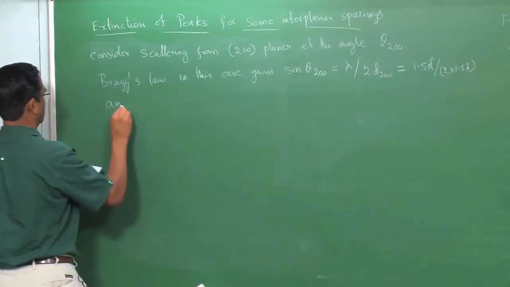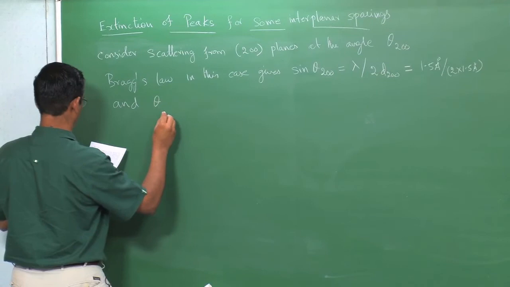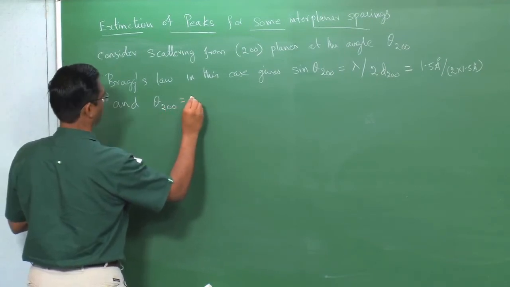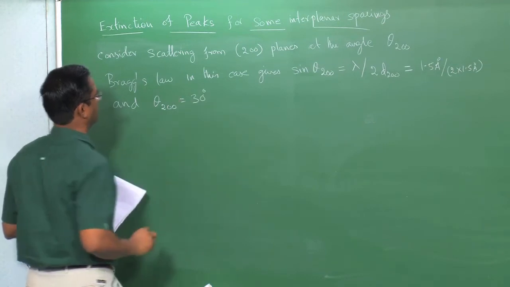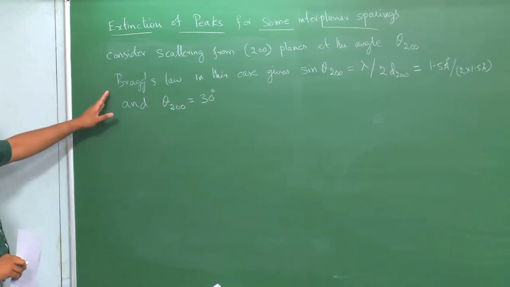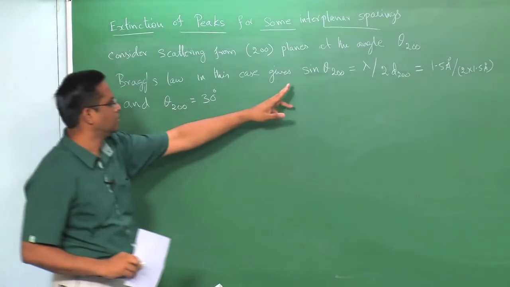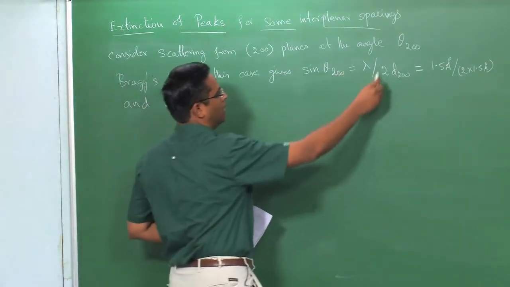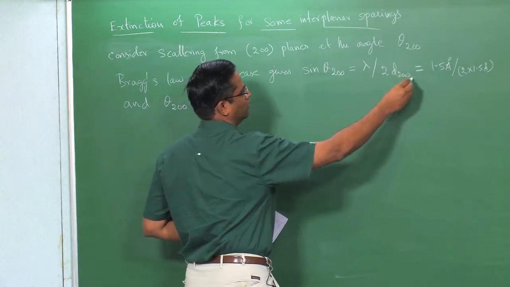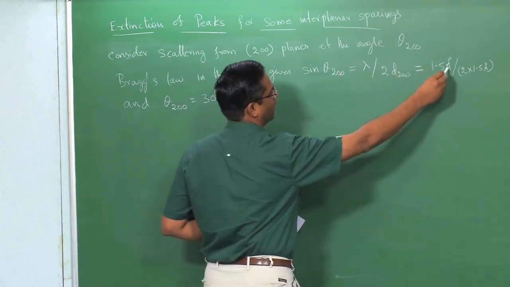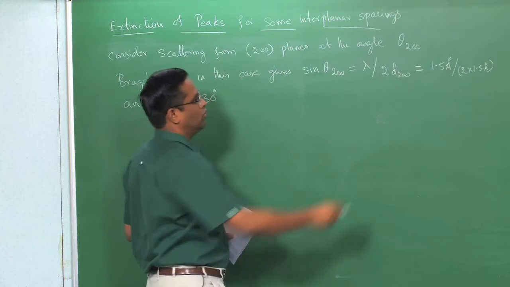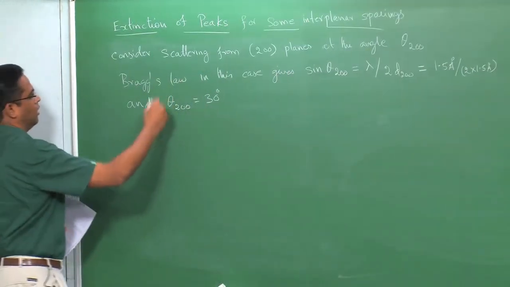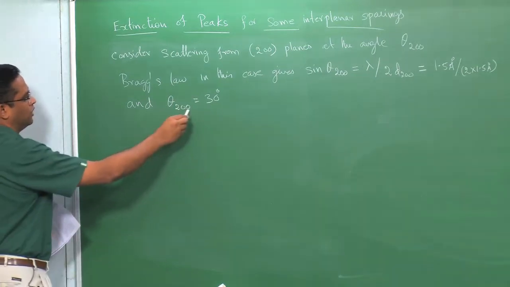The Bragg law for this case gives sin theta 200 is equal to lambda by 2d 200, which is nothing but 1.5 angstrom divided by 2 times 1.5 angstrom, which works out to theta 200 is 30 degree.